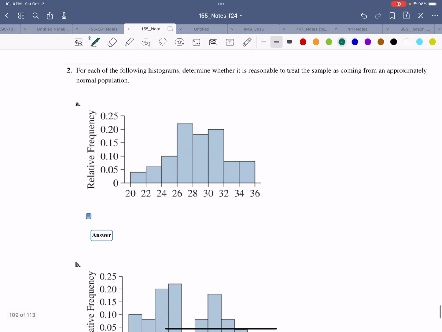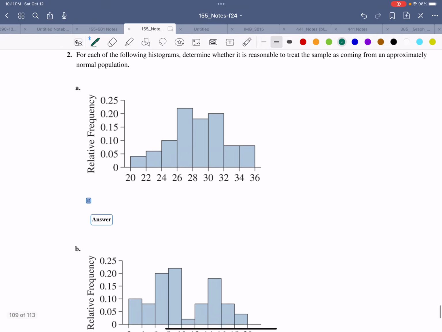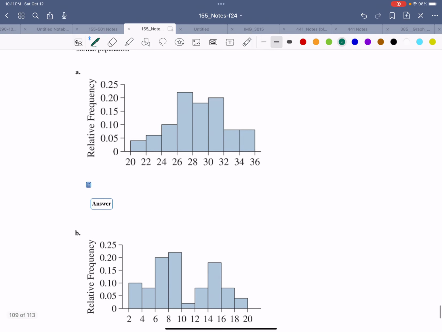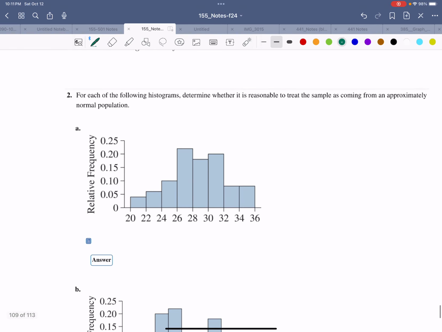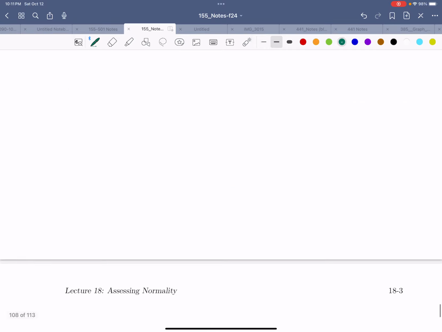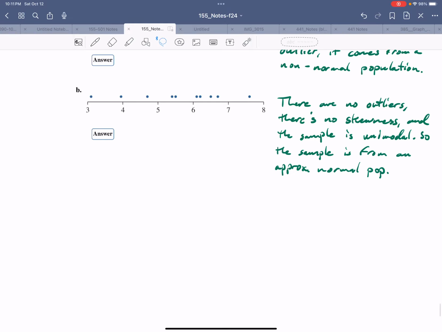So look at the following histograms. Maybe pause the video real quick and see whether these are from a normal population. I'm just going to do one of these. If you don't mind, a little bit of copy paste never hurt anyone.